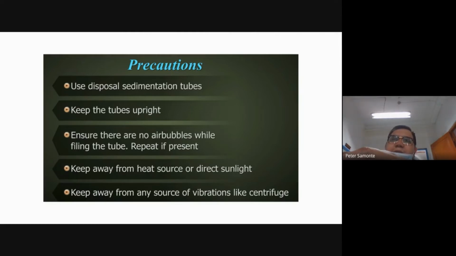Then you have to keep the tubes upright. So sabi ko nga, it should be in a steady or stable position. Ensure that there are no air bubbles while filling the tube. So let's say, class, ito yung Westergren tube nyo. Habang nag-fill kayo, bigla nagka-bubbles. So kapag magkaroon ng bubbles yan, class, you have to repeat the procedure.